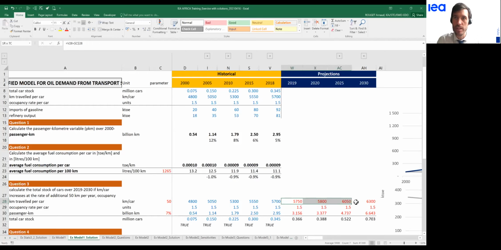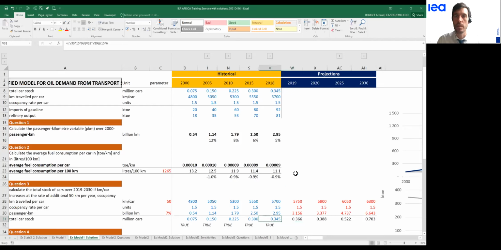Projecting our parameters here and relying on the assumptions we just took, we will be able to deduct how the car fleet is to evolve. And under those hypotheses, we see that we have a doubling of the number of cars.